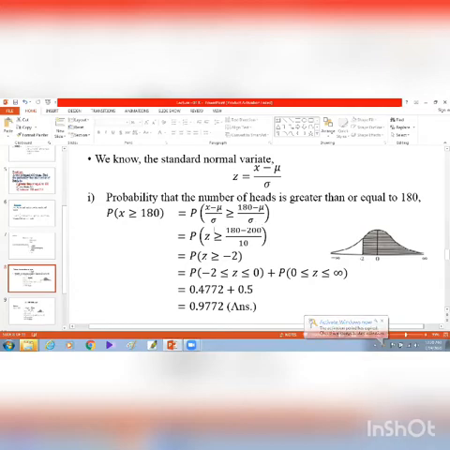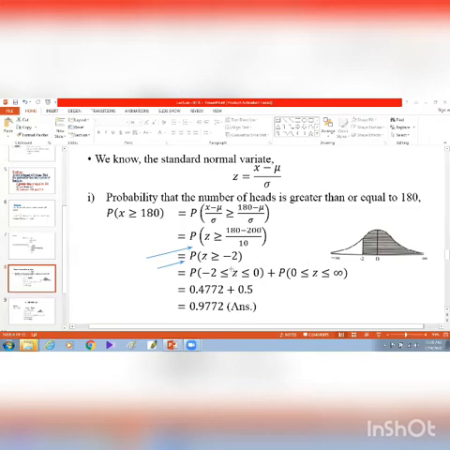Now x minus mu divided by sigma means z. Replacing the values of mu and sigma, we get probability of z greater or equal to 180 minus 200 divided by 10. So this is nothing but probability of z greater or equal to minus 2.